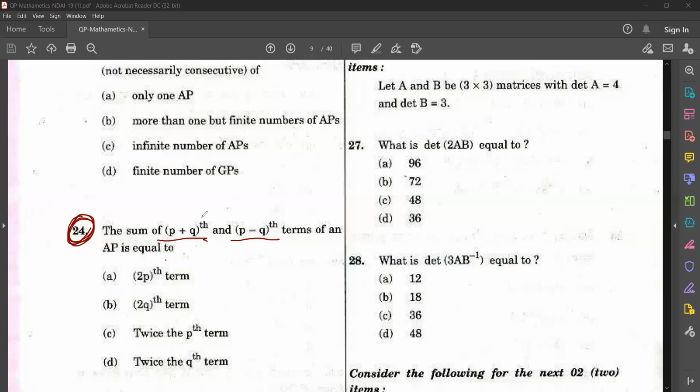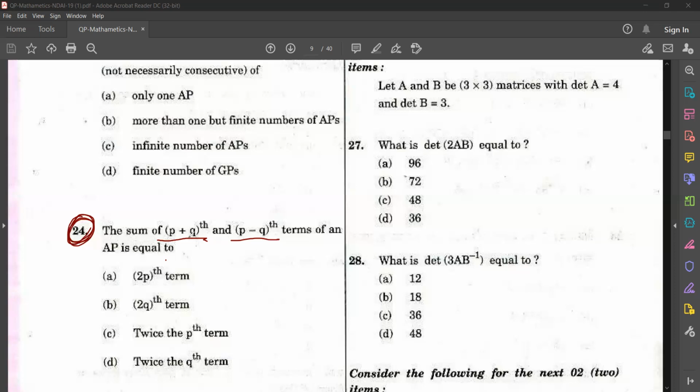Okay, have you got the answer? How to do? Very easy question. Direct, simple question. See, you have to get the sum of the p plus q-th term and p minus q-th term. So I'm going to write the p plus q term.